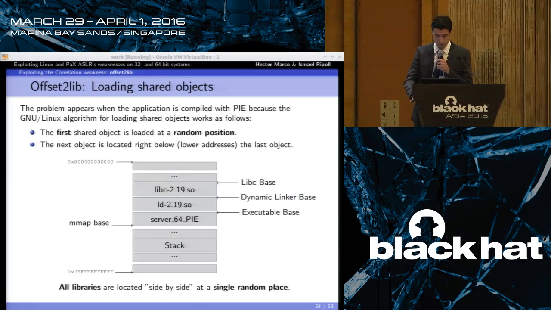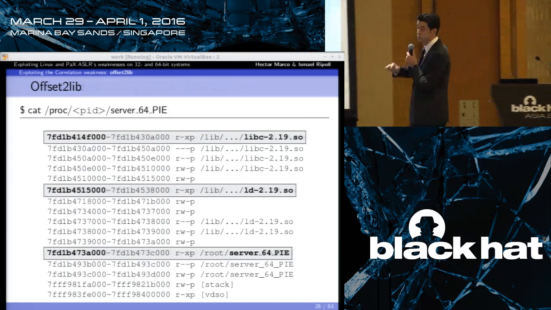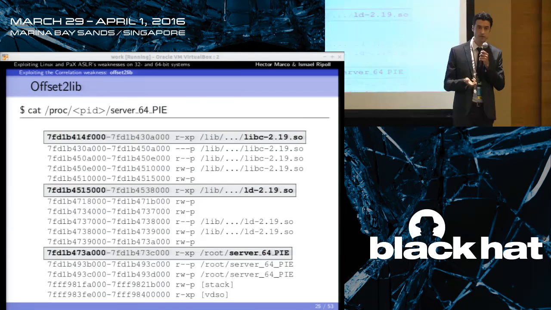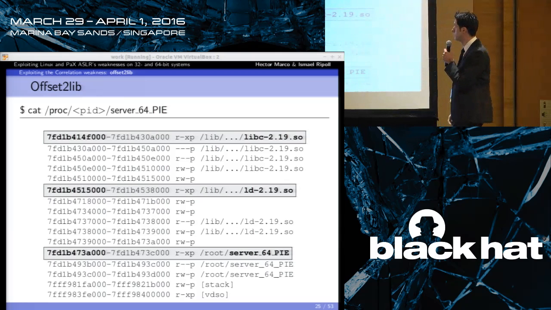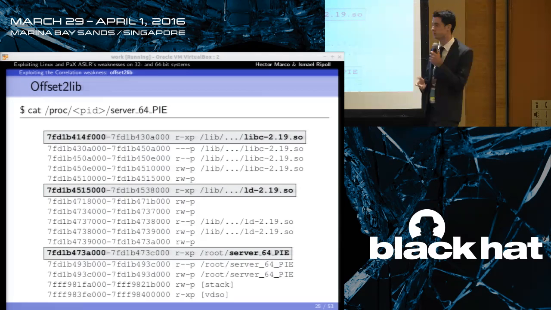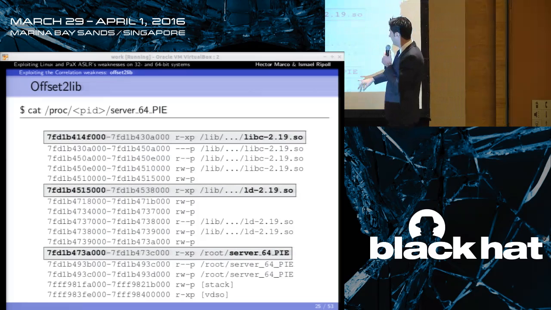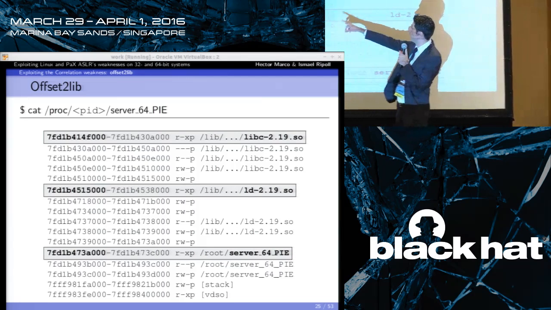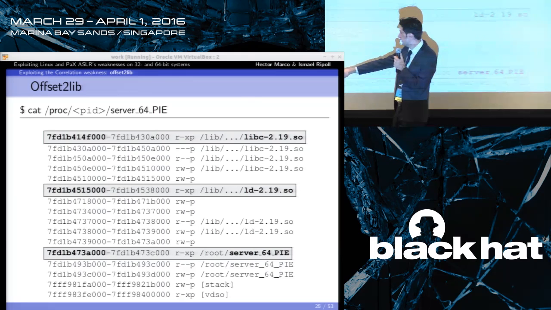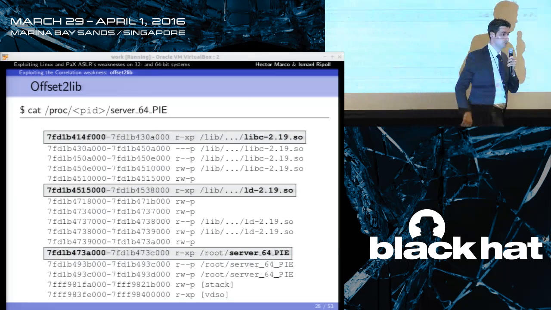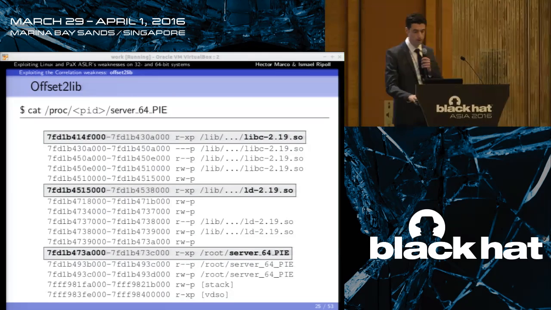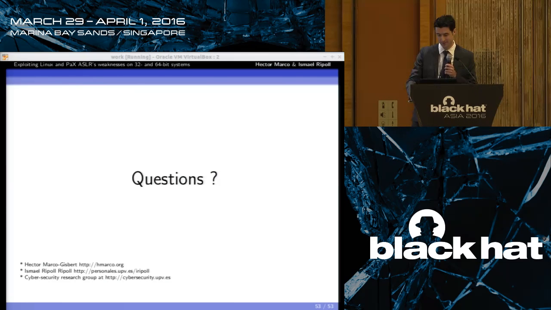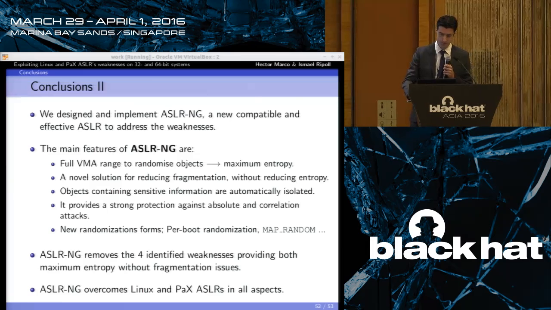So I will show you an example. If you execute it in your system, because this vulnerability is still present in current systems. This was fixed in Linux 4.0, 4.1, I don't remember. The executable is in that address, and the libraries are, as you can see, at an offset, as I will show you in a second.